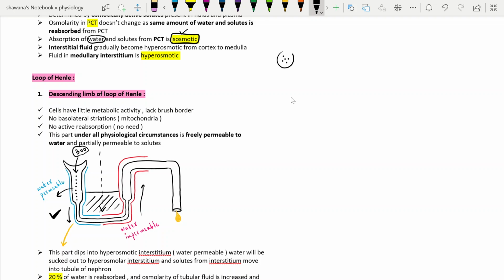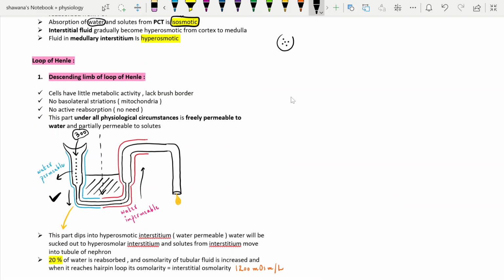These cells lack a brush border because there is not a lot of reabsorption, since reabsorption has occurred in the PCT. These cells do not have many mitochondria because they are not involved in active transport mechanisms. They lack basolateral striations because they are less metabolically active.